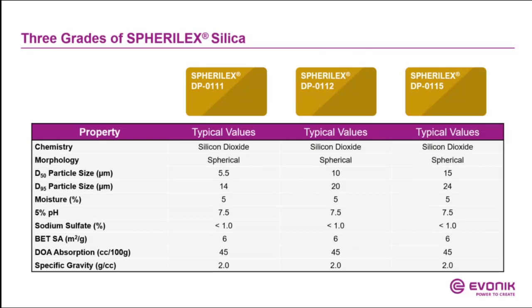These particles usually have a much higher oil absorption number. The specific gravity of the SPHERILEX particles is similar to other silicon dioxide particles, with 2 grams per cubic centimeter.